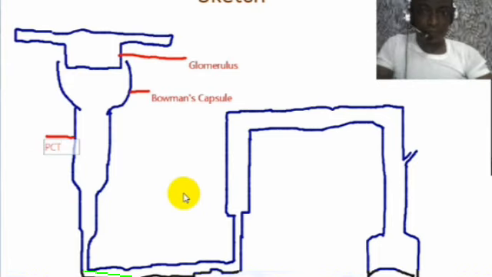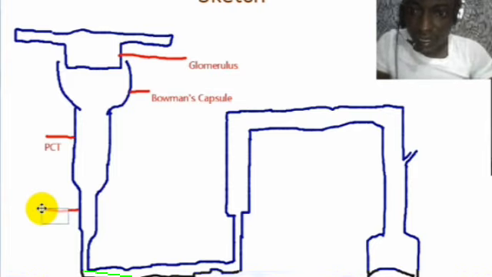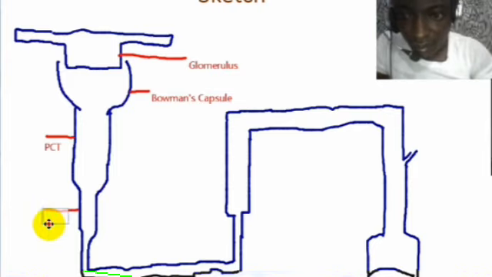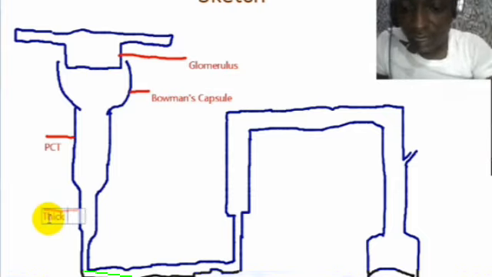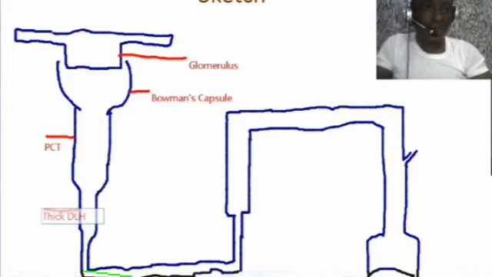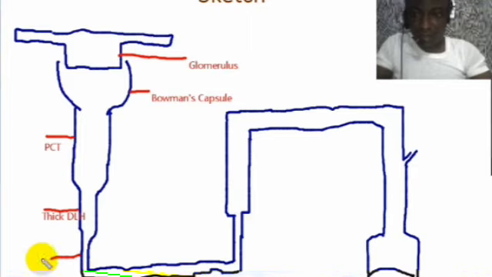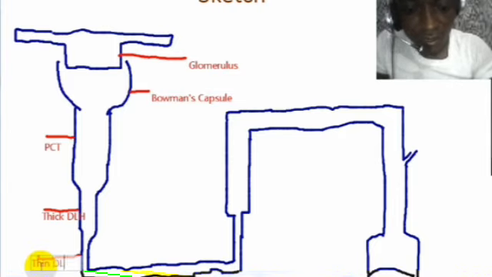This part of the nephron is called the thick descending loop of Henle. And this part of the nephron is known as the thin descending loop of Henle.